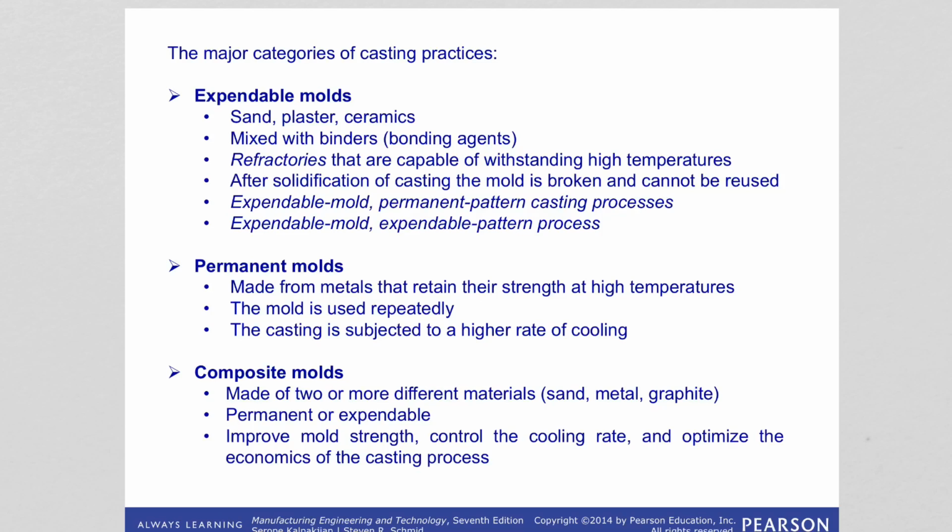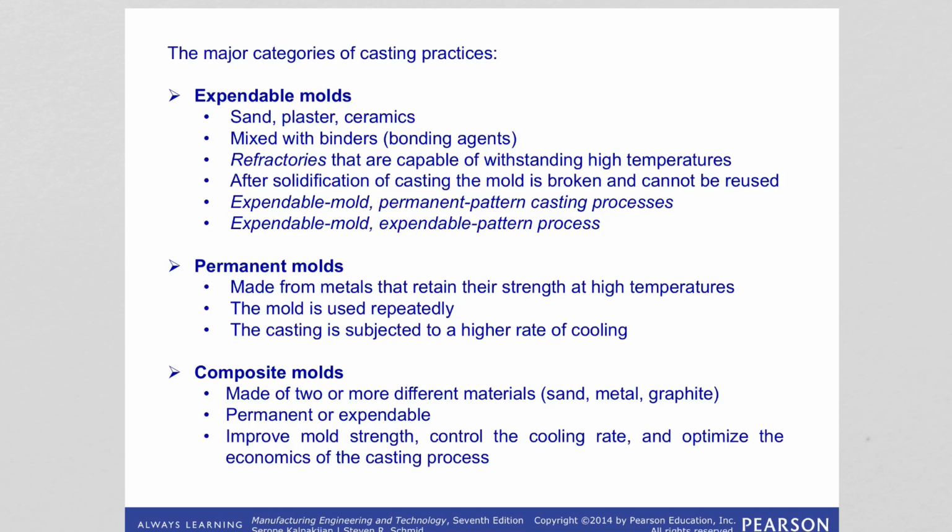So of course the next is permanent molds, and as the name implies, that means we are reusing the molds during the process. These are made from metals because they can maintain their strength at high temperatures, and the molds are used repeatedly.